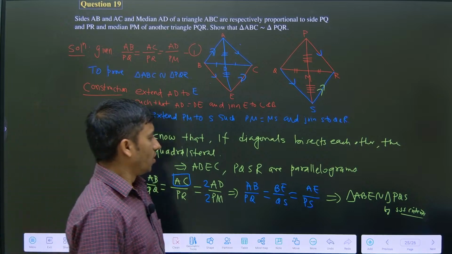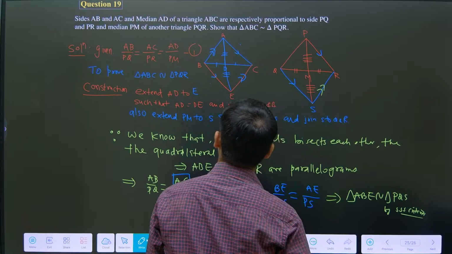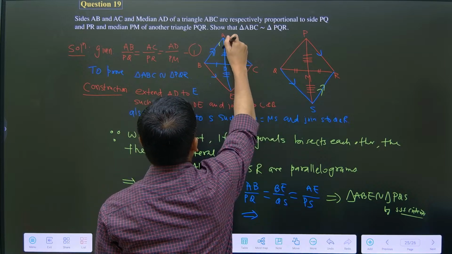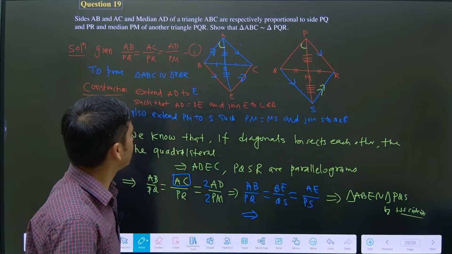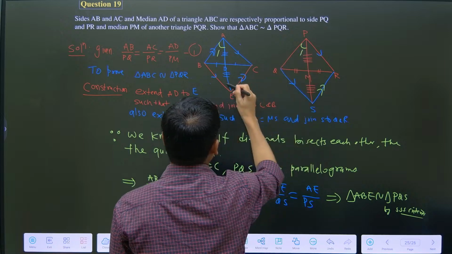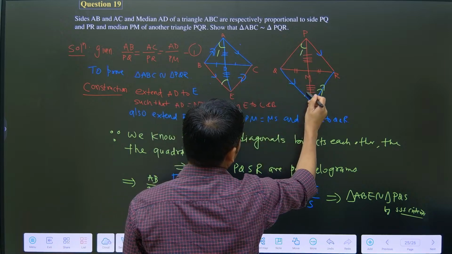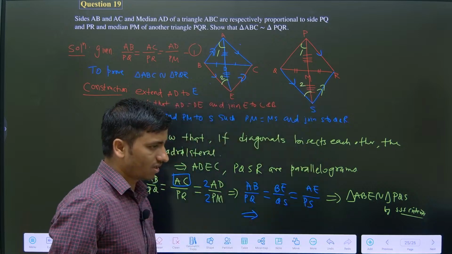Okay. Now, if that's the case, can I also say this angle and this angle should be equal by CPST? Let's call this angle 1, right? And can I say this angle and this angle should be equal? Let's call it 2, right?